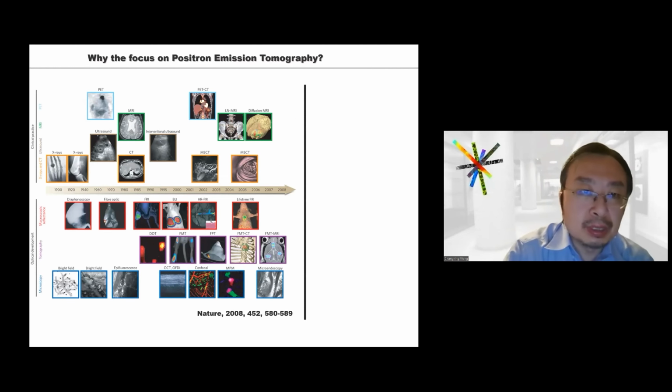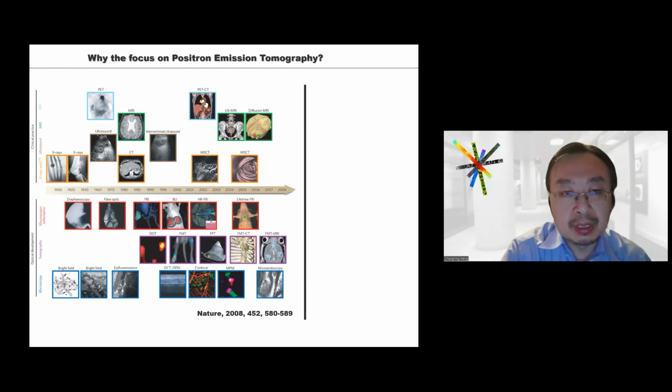We start with X-ray, around 1900, and after that we worked on different approaches to find new imaging modalities, from X-ray to PET, ultrasound, MRI, CT, or we combine different modalities together, like PET/CT and PET/MRI.